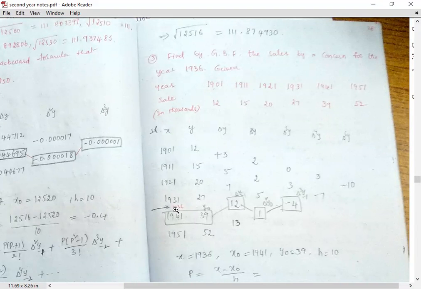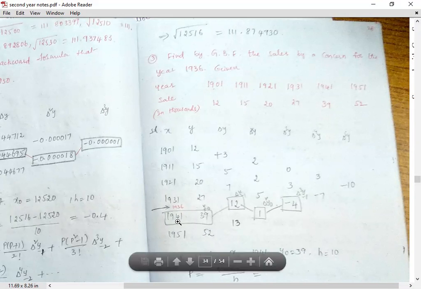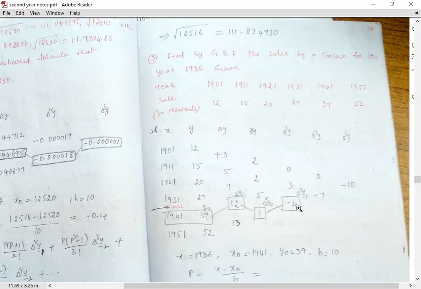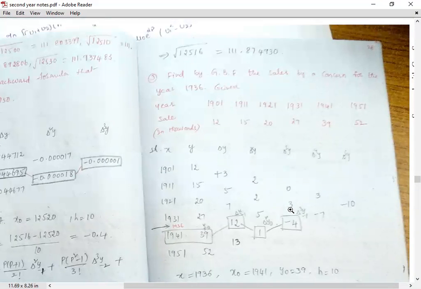For Gauss backward, we should choose the set x naught, y naught below x, so that our x naught is 1941, y naught is 39, and then we need to follow the pattern in the difference table as up, down, up. This is the last difference in our pattern. There are only 3 differences. Hence, we can consider our Gauss backward formula up to the third difference.